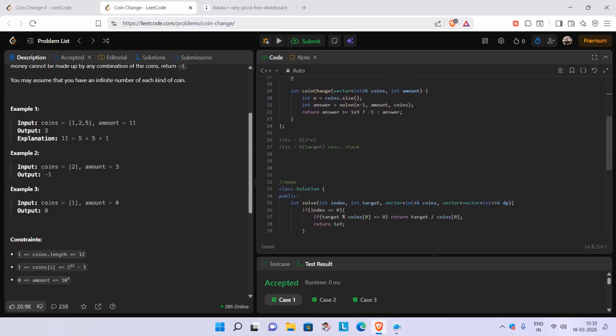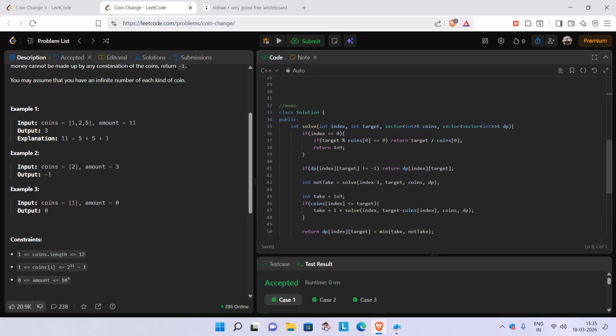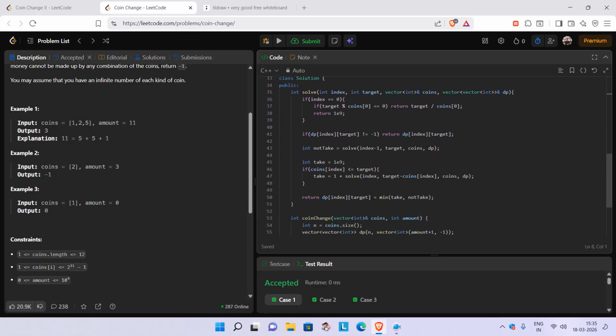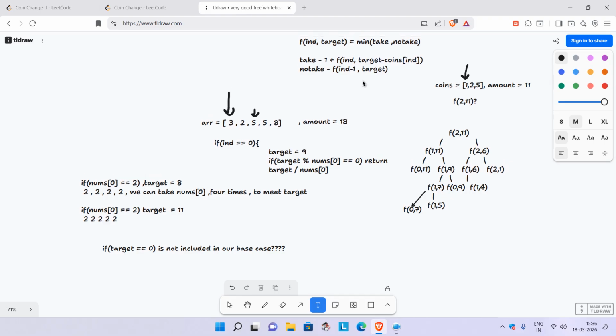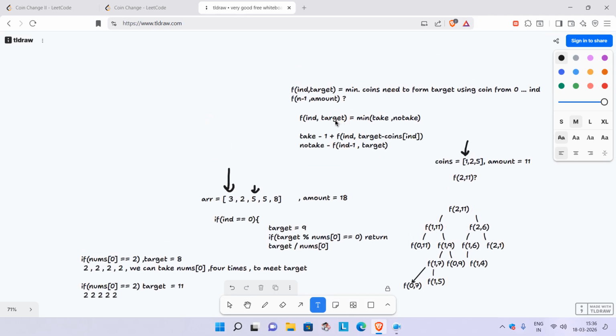Now to optimize it, we simply use DP, in the memoization version. We use a DP vector here, since two things vary: one is the index and the other is the target or amount. What is the possible limit for this target?